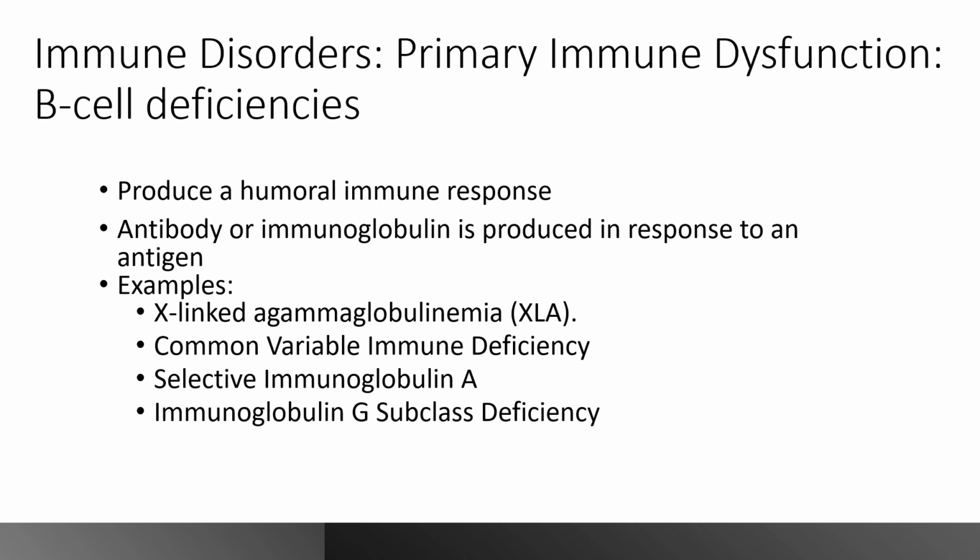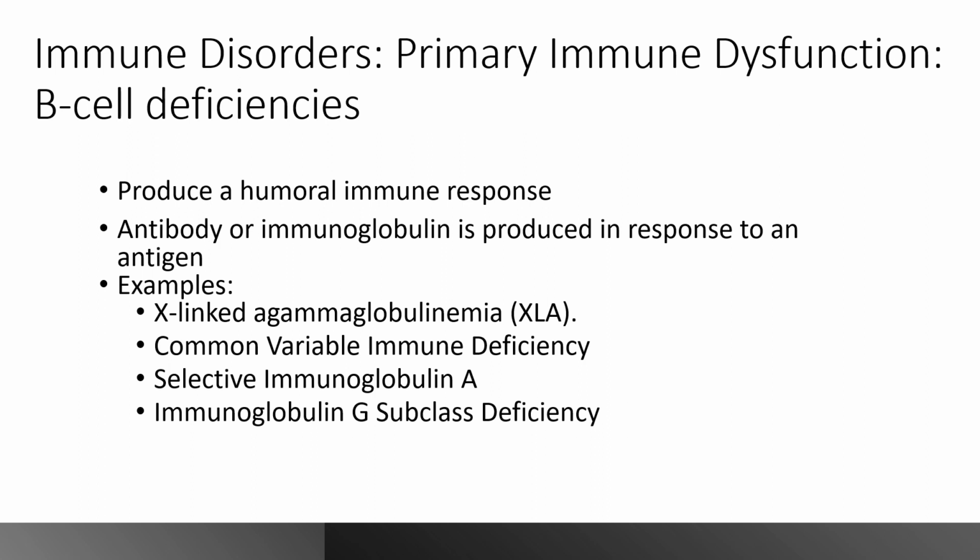Immune cell disorders or immune disorders, primary immune dysfunction, B cell deficiencies. So one classification of these immune dysfunction involve the B cells. B cells are involved in producing that humoral immune response, which is the antibody response. An antibody or immunoglobulin is produced in response to a foreign substance known as an antigen.